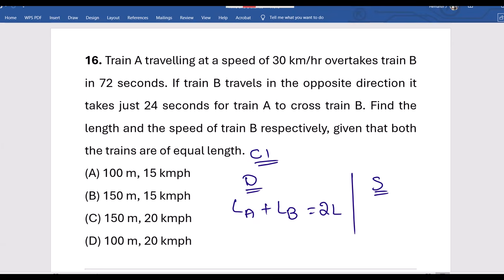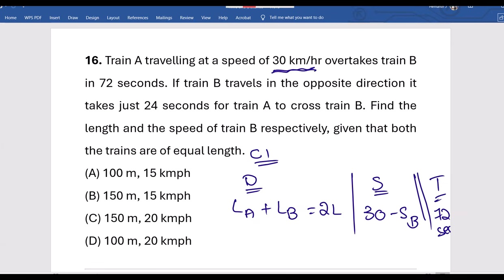Train A overtakes train B, so the same direction. So 30 minus the second speed, because train A is overtaking, so train A's speed must be more than B's. You can see B's speed in the options is less than 30. So 30 minus SB. Now timing is 72 seconds. Here we have to be careful: timing is in seconds.